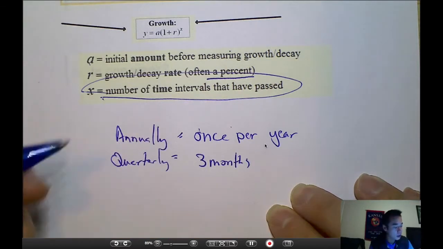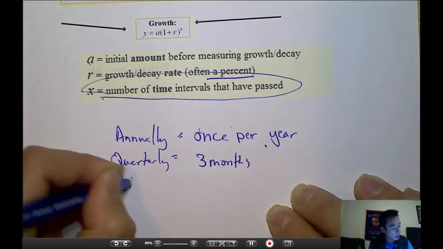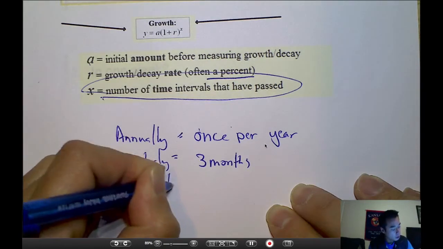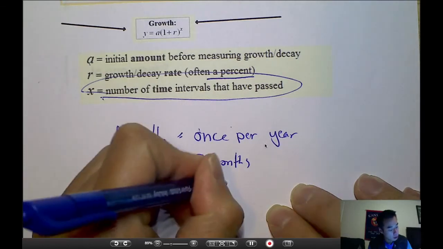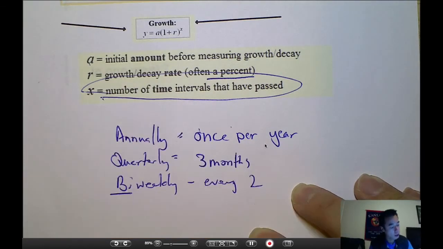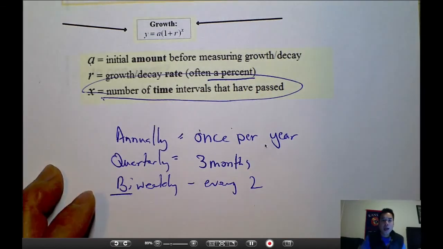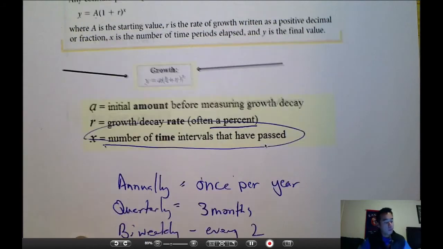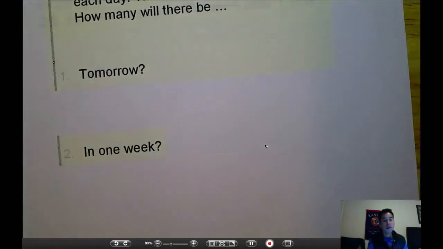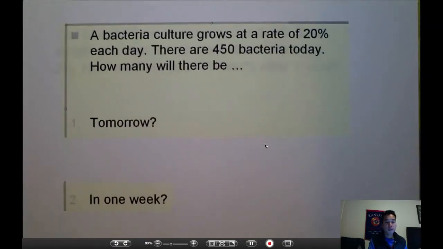And then sometimes we'll have bi-weekly. The word bi in math means every 2, or bi-monthly, every 2 months. So those are some common time intervals that would pass in either a growth or decay model.